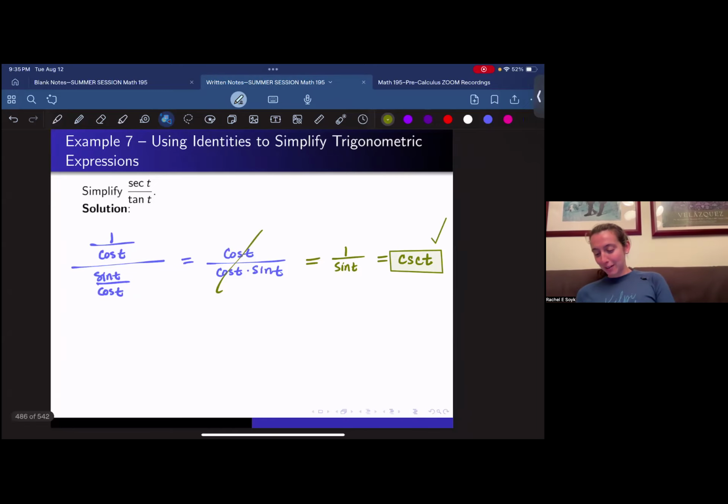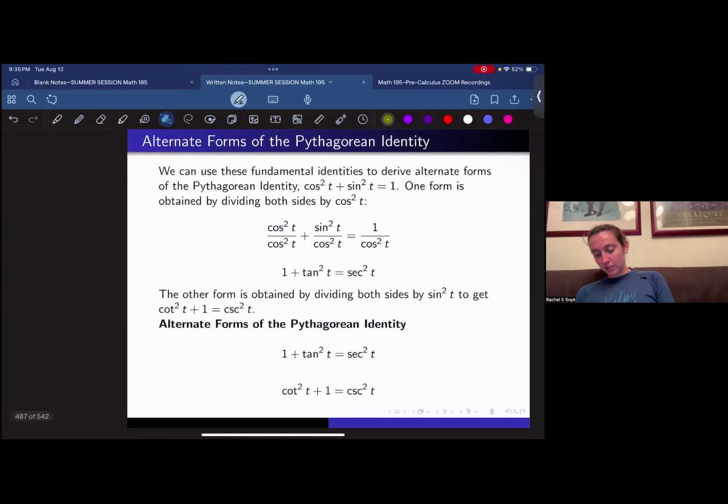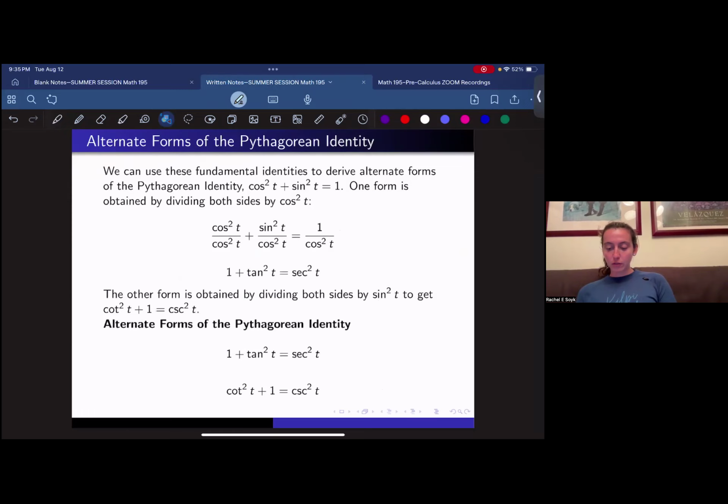Now we arrive at our alternative forms of the Pythagorean identity. So our famous form is our whole sine squared t plus cosine squared t equals 1, or cosine squared t plus sine squared t equals 1.